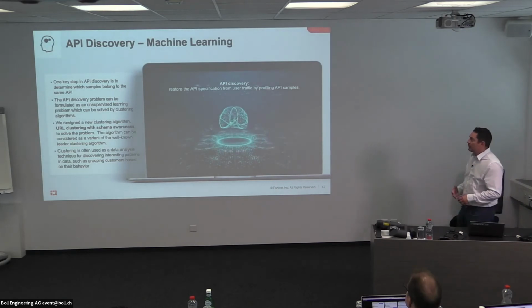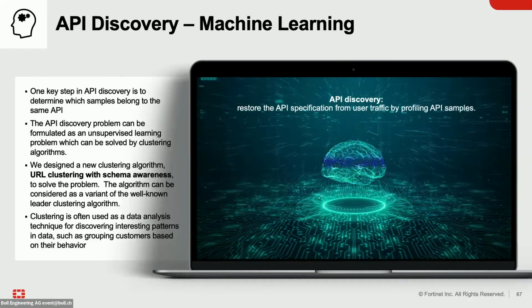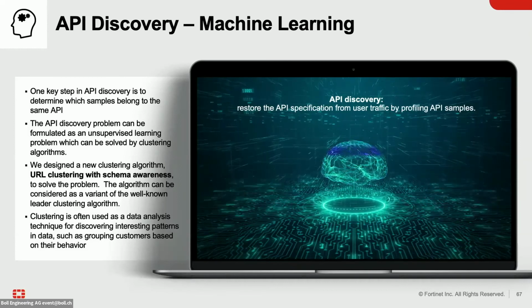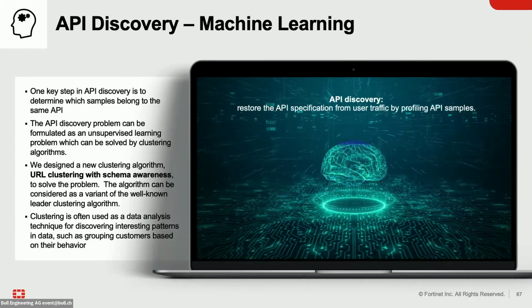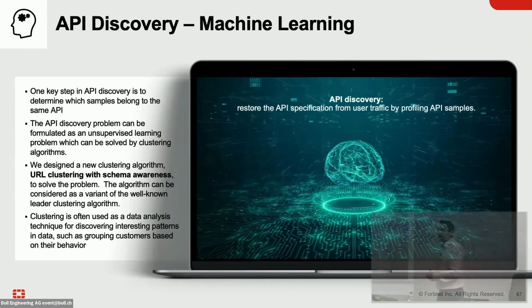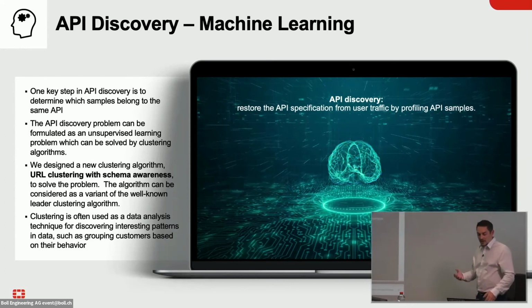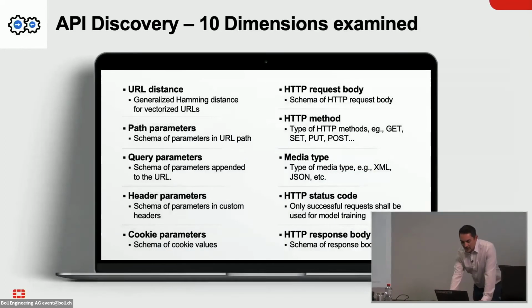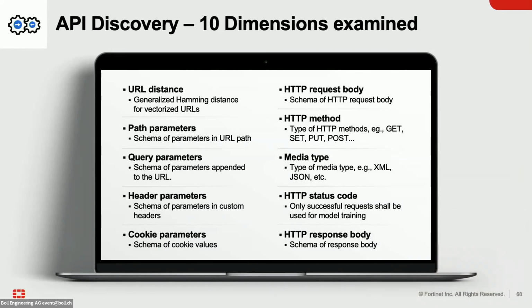API discovery, how it works. Basically, it's a step-by-step process where we learn the schema and the different ways these APIs are used. We examine a lot of different parameters like URL, path, the different queries, the headers.